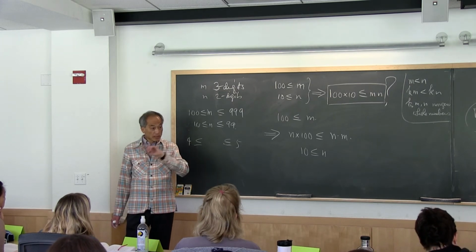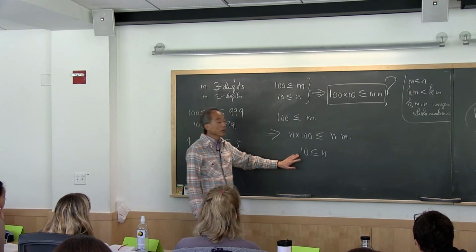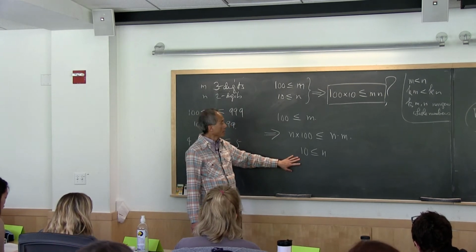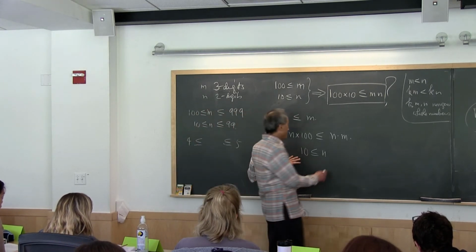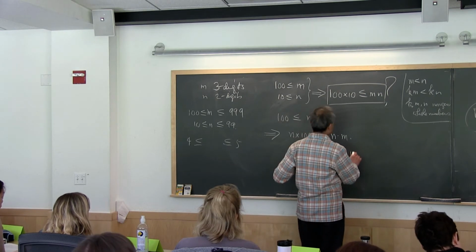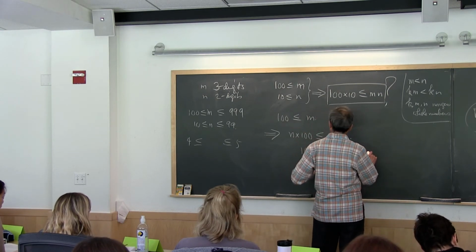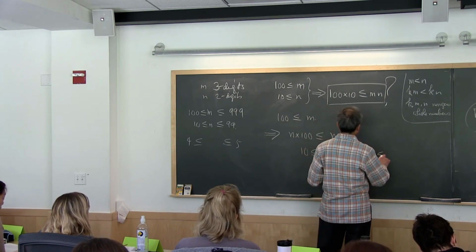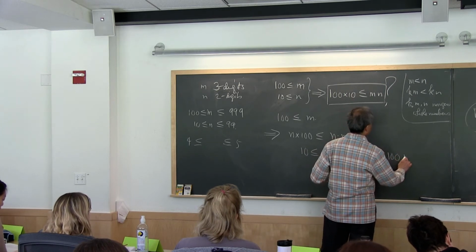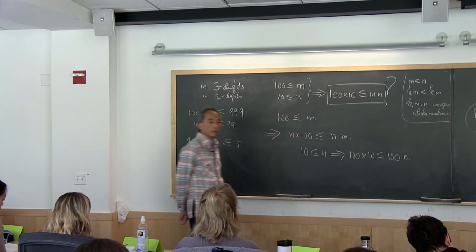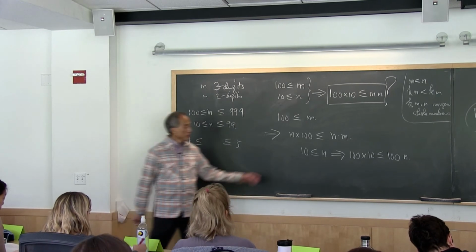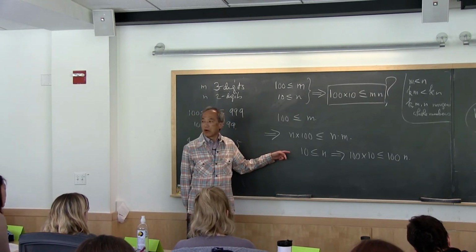I'll translate what you just said. All right? If this is true, I multiply both sides by 100. Correct? First of all, you agree with this. Do you all agree with it?